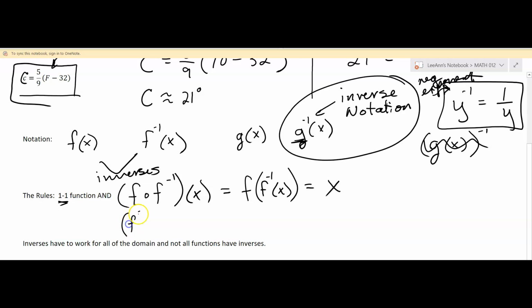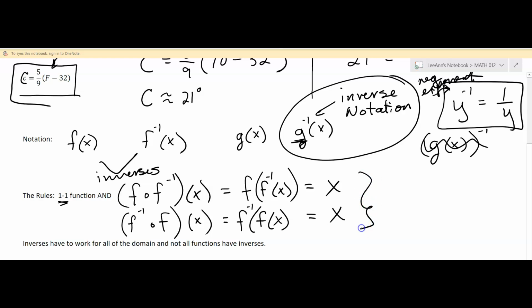If you take f inverse composed with f, because remember order matters when we're doing composition, so f inverse of f of x also has to equal x. In order for two functions to be inverses, these two rules have to apply, and it has to be a one-to-one function. Lastly, inverses have to work for all of the domain, and not all functions have inverses. Keep those things in mind, and we'll explain it more as we go through the videos.